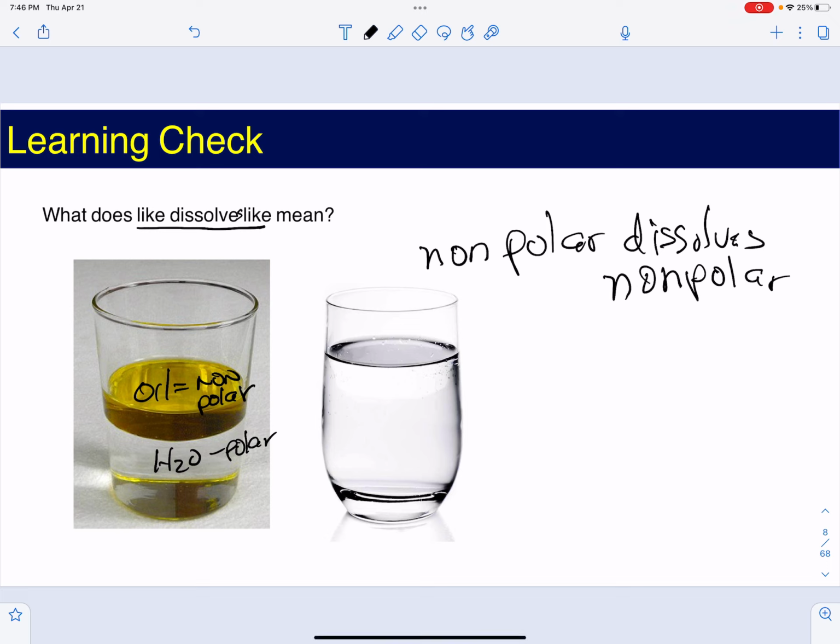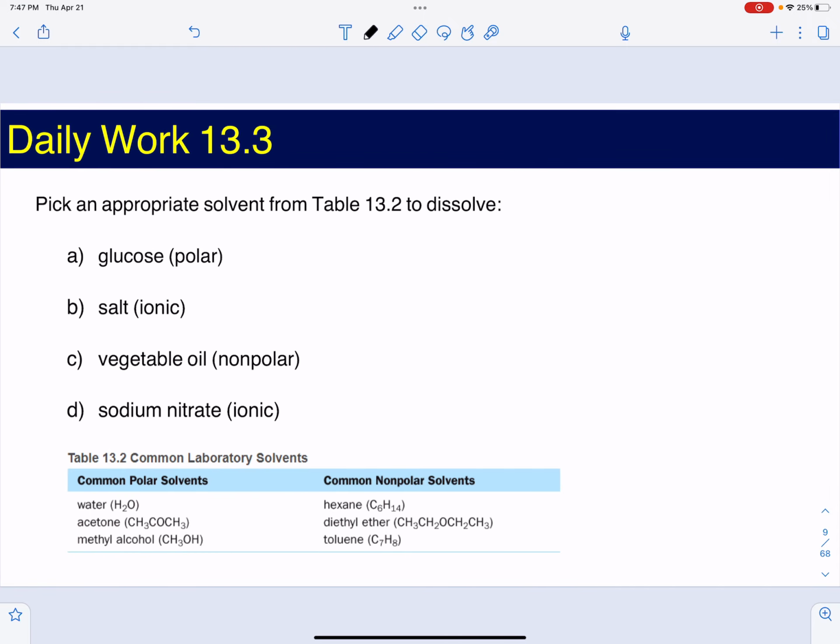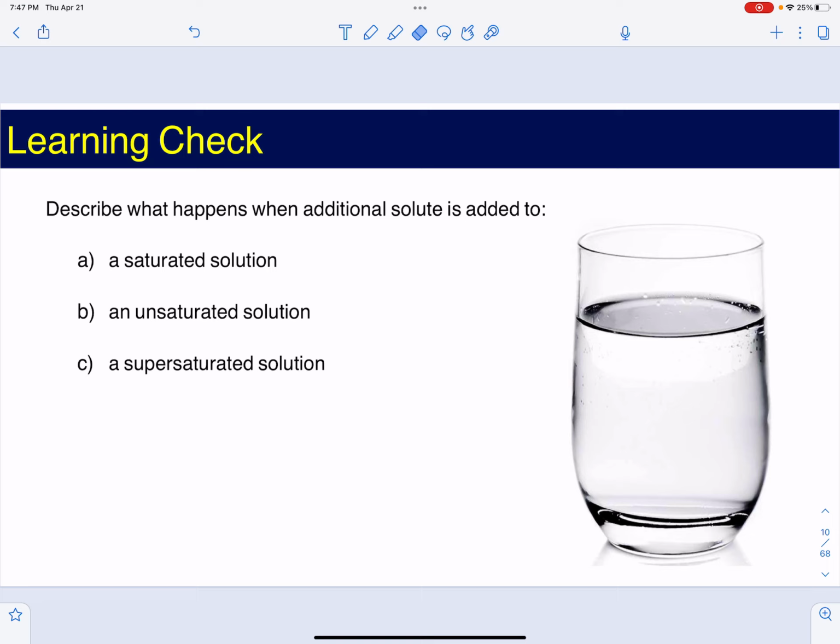And you already know, if I give you the formula of a compound, you can do the Lewis structure, you can do the shape, you can do the electronegativity analysis, and you can tell me if the molecule is polar or not. So with that said, you should be able to answer this problem. And once you do that, then let's learn some other terms.